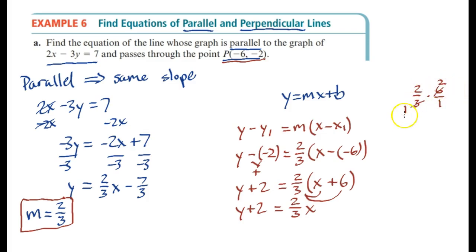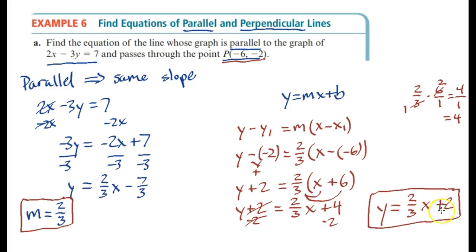That's 2 times 2 is 4, divided by 1 times 1 is 1, so it's just 4. So it's plus 4. 2/3 times 6 is 4. And now we need to subtract the 2 to cancel out the 2 on the left side of the equation. And finally, we get y equals 2/3 x plus 2.